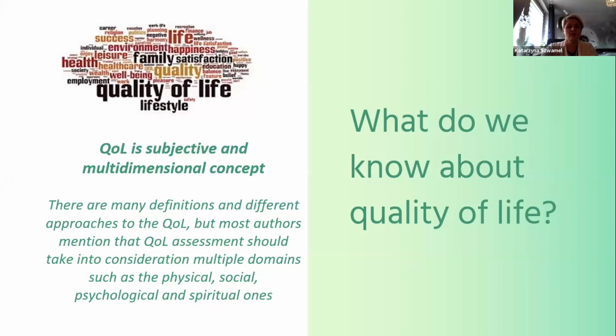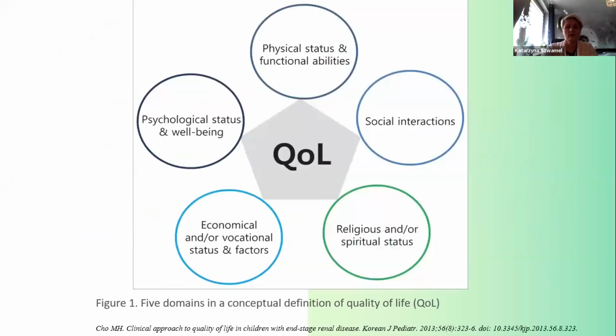There are many definitions of quality of life and different approaches to it, but many researchers at this moment agree that quality of life assessment should take into consideration multiple domains. In figure 1 we see five domains in a conceptual definition of quality of life: psychological status, physical status, social interactions, economic factors, and spiritual status.